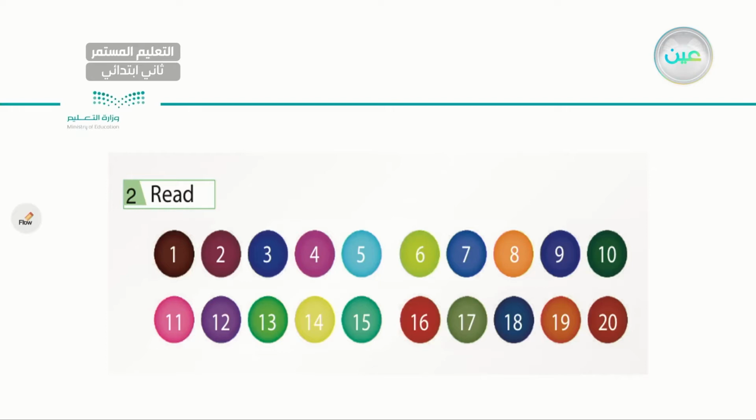Now, I have all the numbers here, okay, in the correct order. I need you to try to say the numbers on your own, okay? Try to read the numbers starting from the first one. That will be 1, 2, 3, 4, 5, 6, 7, 8, 9, 10.